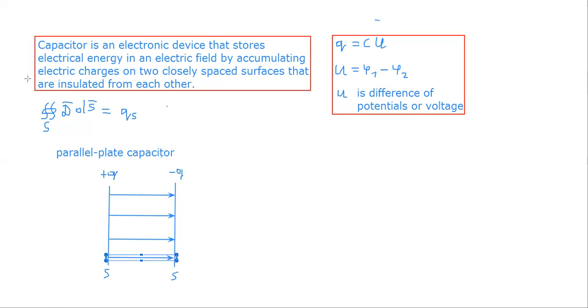This field can be denoted as, for example, E or D. The direction is the same, the relative permittivity is epsilon, and the distance between the plates is equal to d.